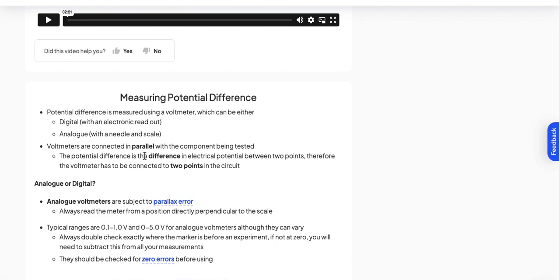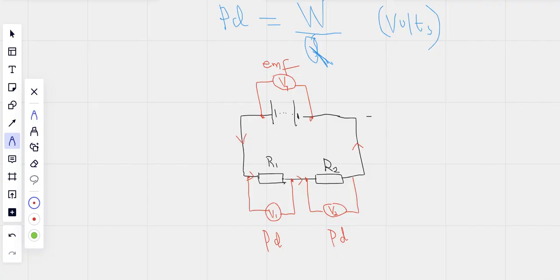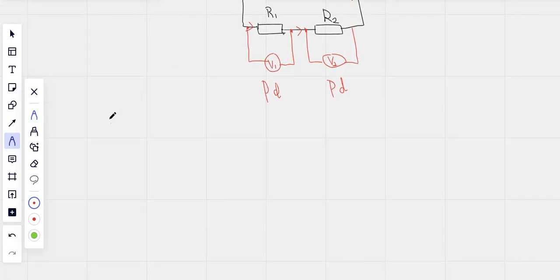So the voltmeter is used for measuring the potential difference, the PD, or EMF, or voltage.